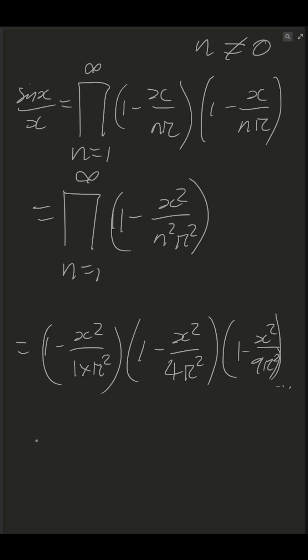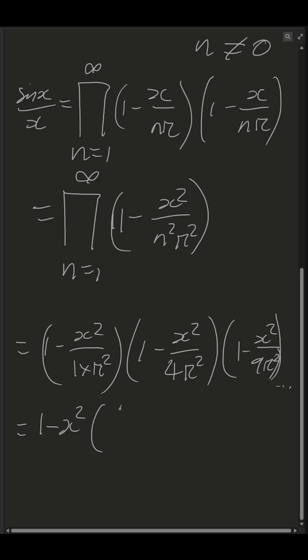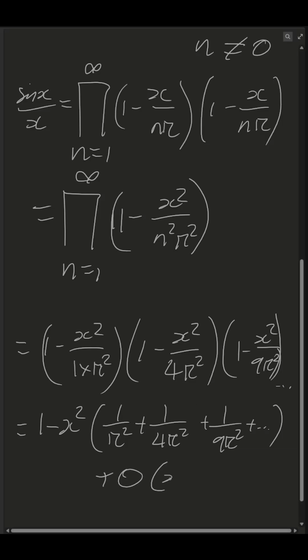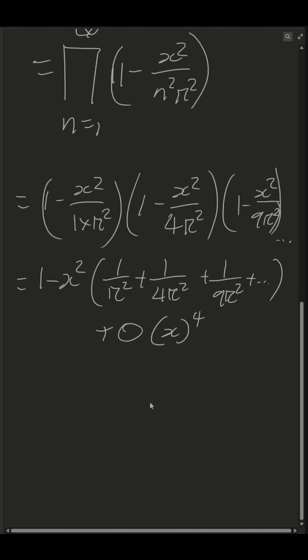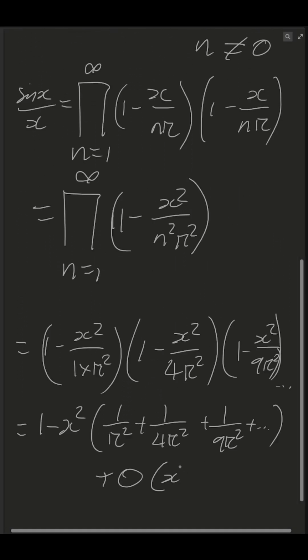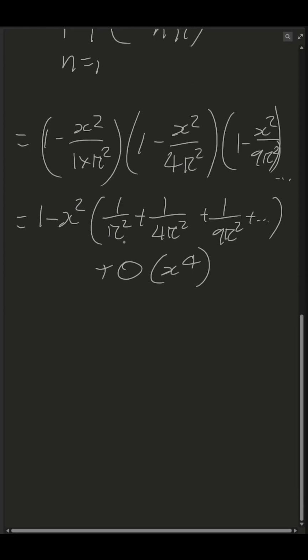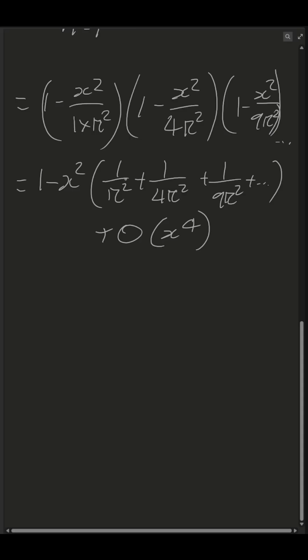We can always pull out a 1 minus x squared here, which would leave us with 1 minus x squared times 1 over pi squared plus 1 over 4 pi squared plus 1 over 9 pi squared plus dot dot dot plus O of x to the 4. That O of x to the 4 is the term that we leave in so that everything works out. Oh, alakazam. Doesn't that look interesting?